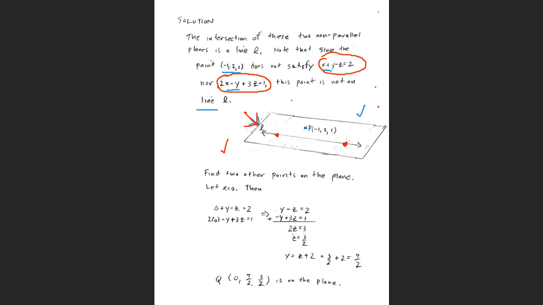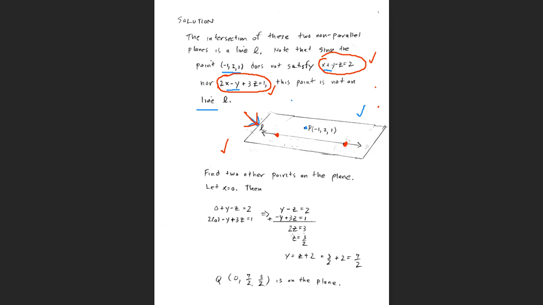If we wanted to find a point in common between these 2 planes, we couldn't find it right now because we have 2 equations with 3 unknown variables. So what we have to do is put in a value for one of those variables.